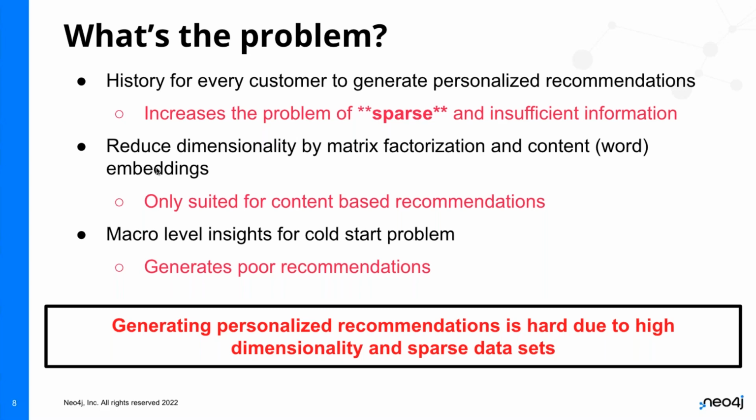And for content-based recommendations, they are homogeneous. You could only do word embeddings on the content, or you reduce the dimensionality of the vocabulary by running matrix factorization. And all this gives rise to macro level insights. And there are other issues like echo chamber effects, cold start problem, insufficient information, and so on and so forth.